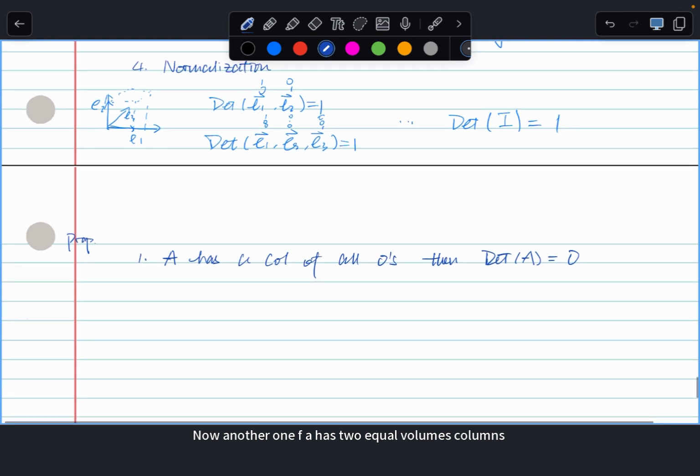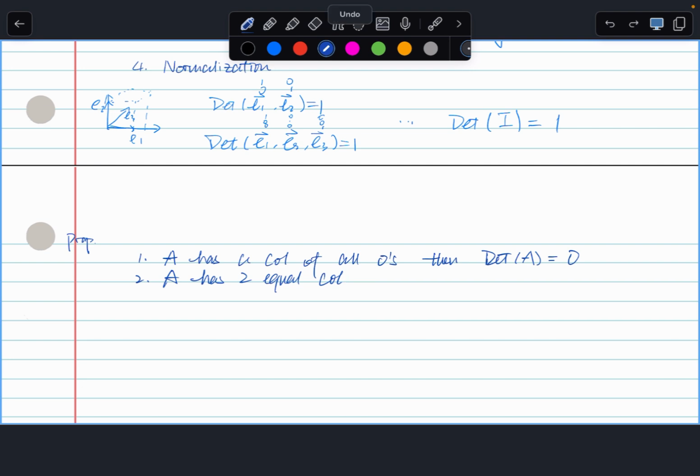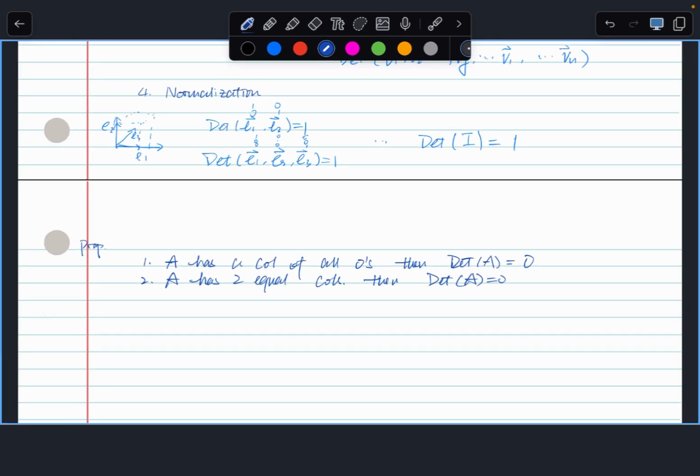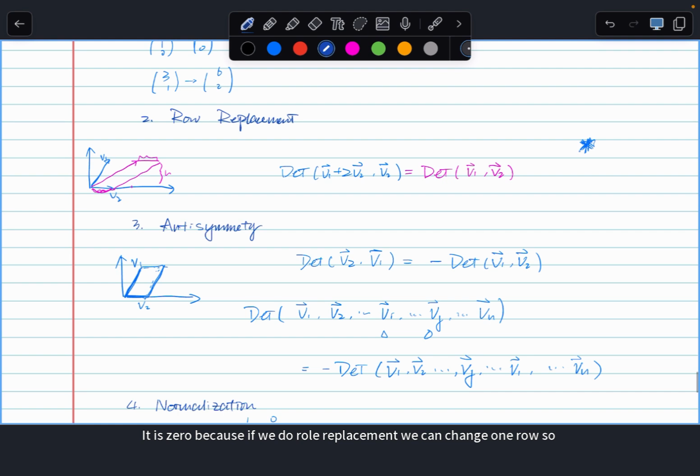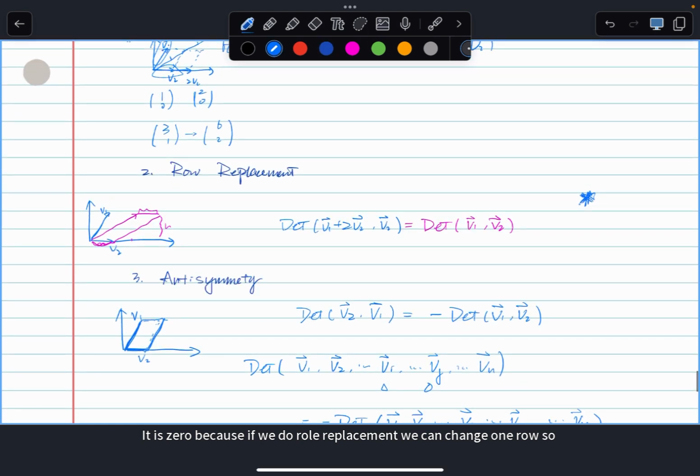Now another one: if A has 2 equal columns, then the determinant is also 0. It works because if we do row replacement, we can change one row.